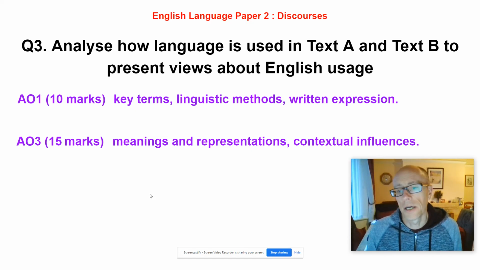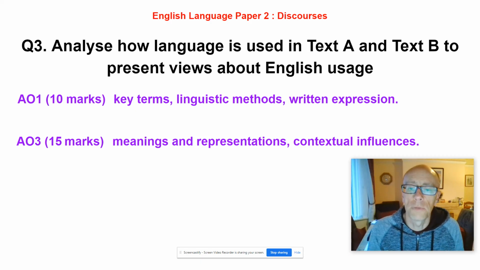And also under AO3, you are looking at the influence of context on the language as well. So when we say context, we mean our good old friends: audience, purpose, genre, mode, and the wider kind of social context of the pieces. Okay, so they're all going to impact on the meaning in big ways.